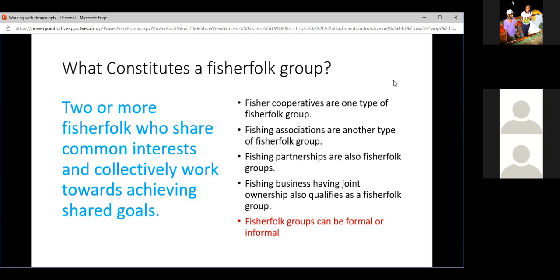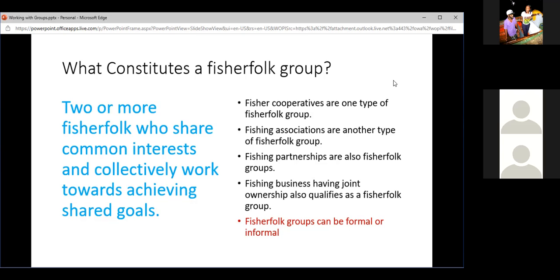Leadership of these organizations, depending on the type, may be different. In some, the policy body is a board of directors. In other cases, it may be the shareholders or the partners who are responsible for decision making. These are the little things that differentiate one type of fisherfolk group from another.